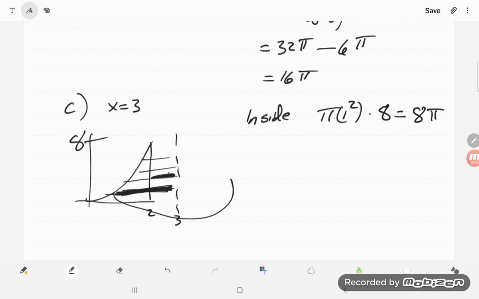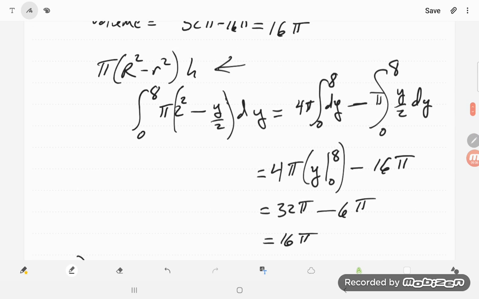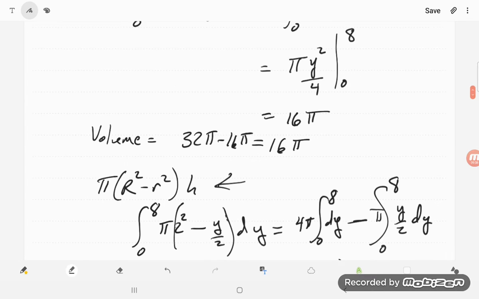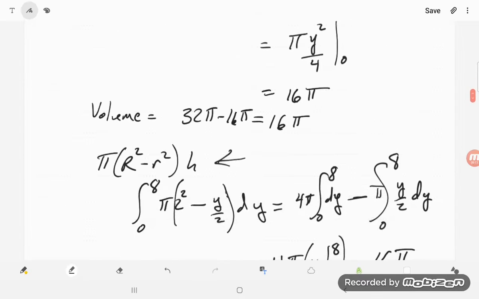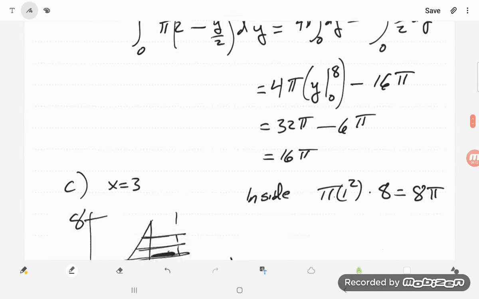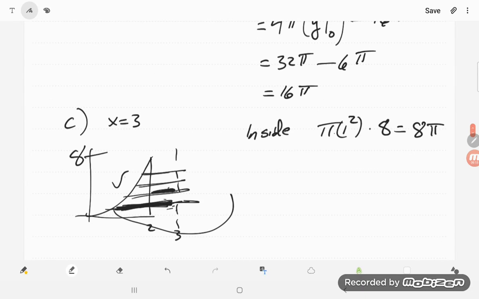Okay, so again, we're revolving around the line x equals 3, so we're slicing this way. And so again, I can take my previous work, and previous work said that line, that curve, is the square root of y over 2.